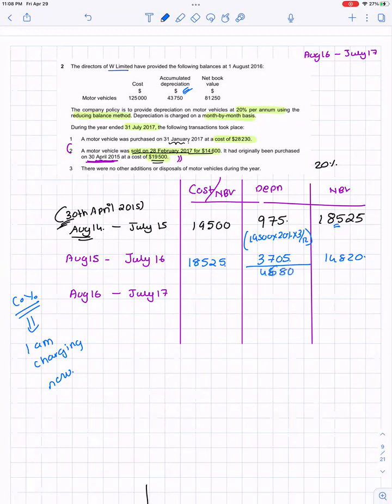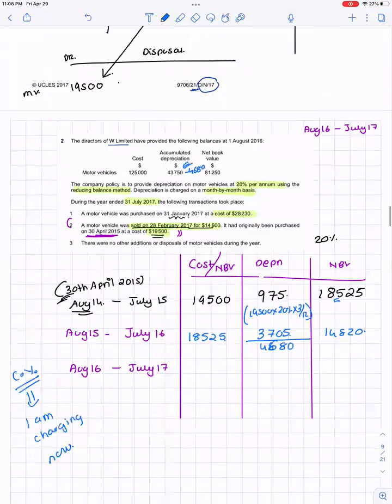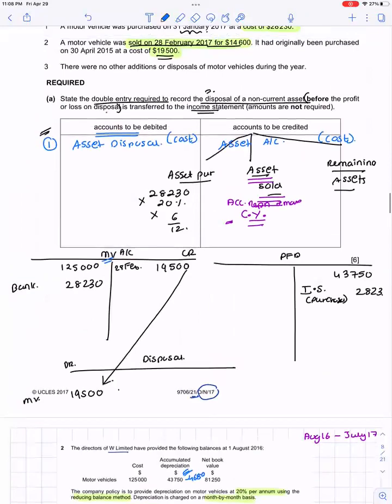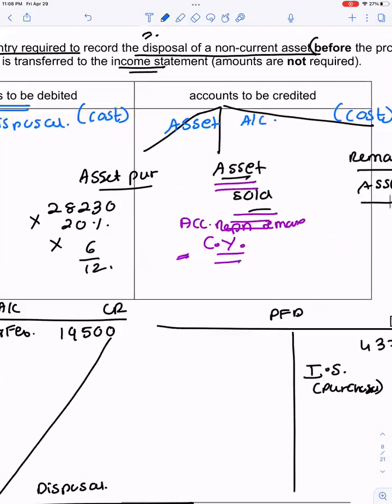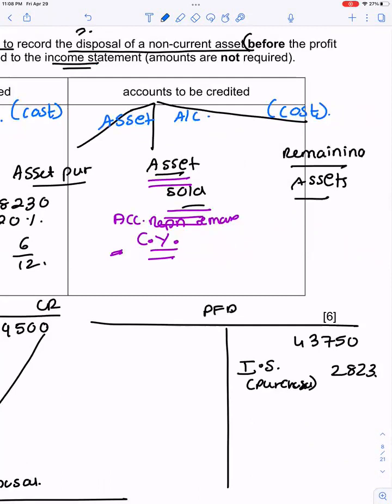This will help me when I calculate depreciation of remaining assets. Whenever I do the written down value method on a month by month basis, we calculate depreciation on three things separately: depreciation on assets purchased, current year depreciation on assets sold, and depreciation on remaining assets.